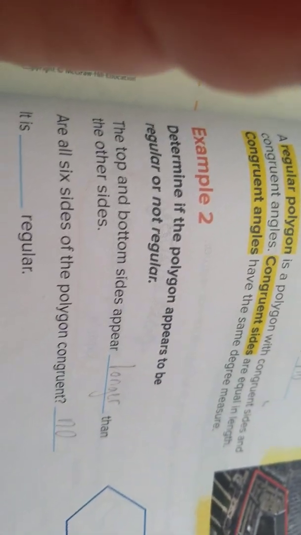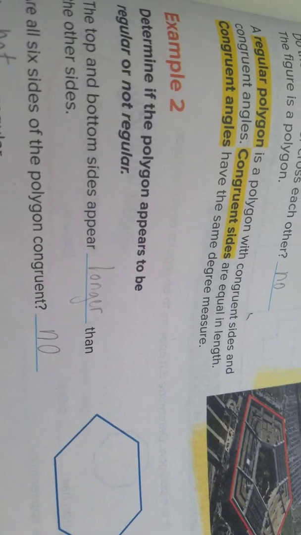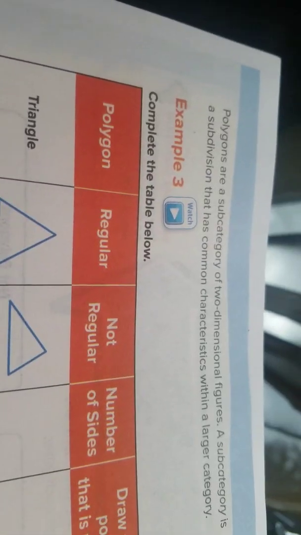No, because the top and the bottom, we said, are a little bit longer. It is not a regular polygon. A good example of a regular polygon would be a square, because all 4 sides are congruent and all 4 angles measure 90 degrees. Take a look at this chart.